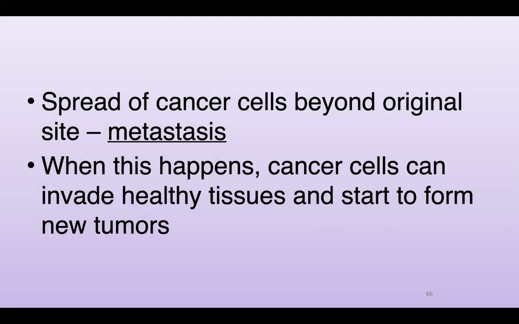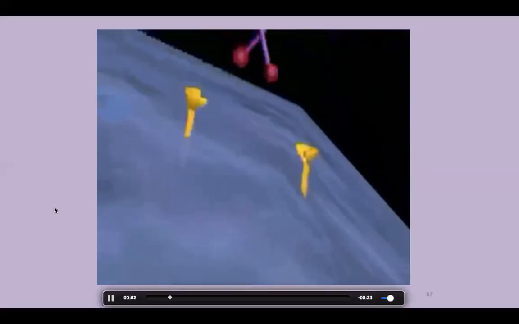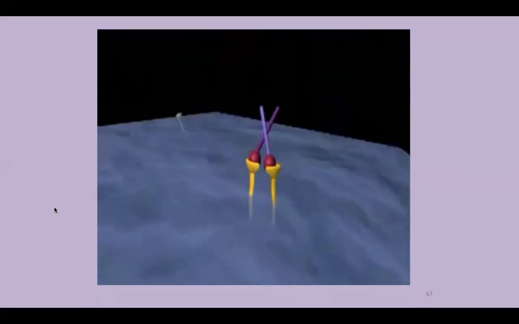So if the original tumor started in the liver and metastasis occurs, then tumors can end up in the stomach, in the brain, in the lymph nodes. It can end up being in the lungs, any part of the body where cancer cells eventually settle and start forming new tumors.